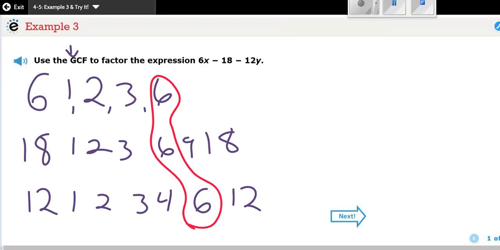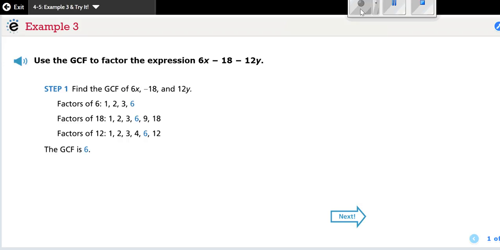Okay, now that I've found that greatest common factor, now I can factor it out of this expression. All right, so you see, if you don't like my messy handwriting, you can see they're neat expressions here. And now that we've found that the greatest common factor is 6, I'm going to click next, and now we're going to use the greatest common factor and the distributive property to factor the expression.